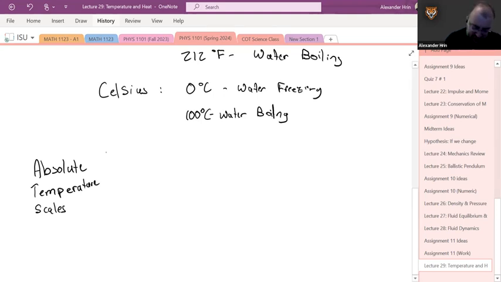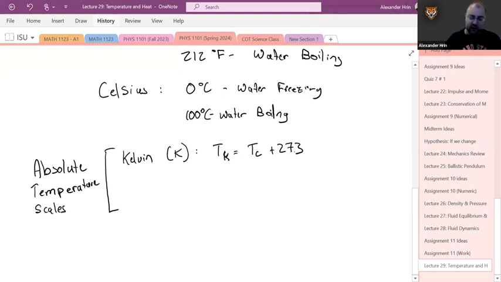So the two absolute temperature scales, the first one is Kelvin, symbol is K, and your temperature in Kelvin is equal to the temperature you have in Celsius plus 273. Okay, I think it's 273.15, but we'll just use 273. So if your T Kelvin is equal to 0, this is what we call absolute 0.